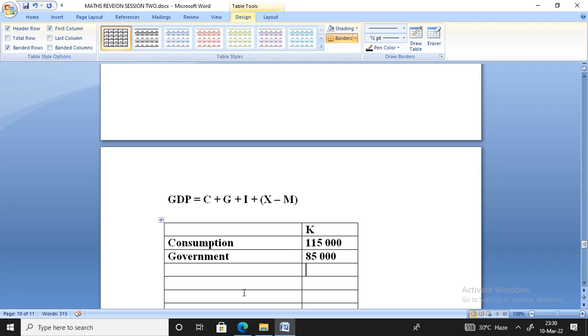The next one, we have investment expenditure. We have two of those values. The gross capital is 50,000. Then we have increase in stocks. That value, increase in stock, was 8,800.